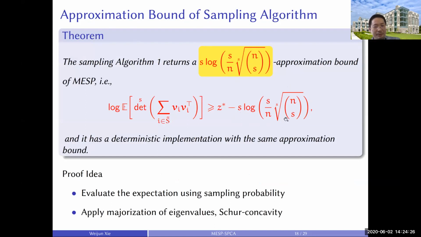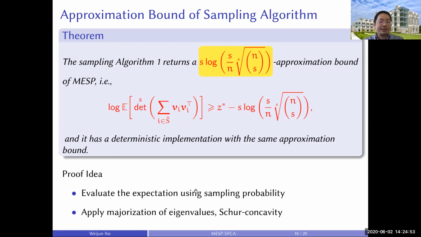It looks a little bit weird, so I will illustrate it later as a Girard graph. But the inner part inside the log is essentially equal to a constant. We have an approximation bound, not a ratio. The reason is that z star, the optimal solution, might be negative, so an approximation ratio doesn't make sense. So we use an approximation bound instead of an approximation ratio.